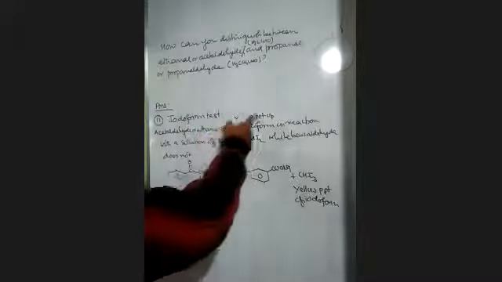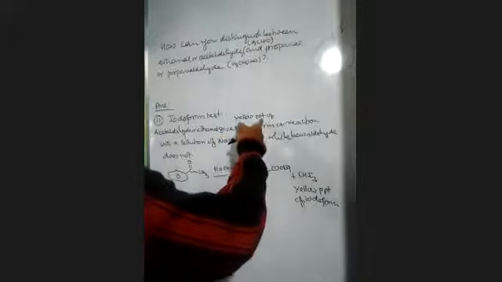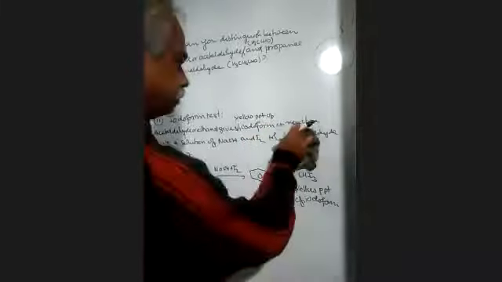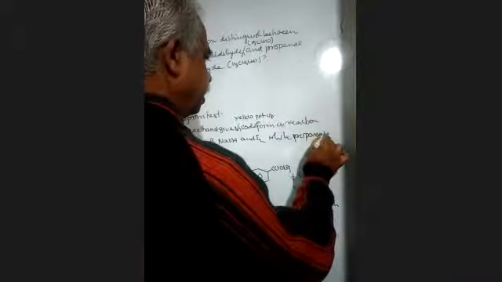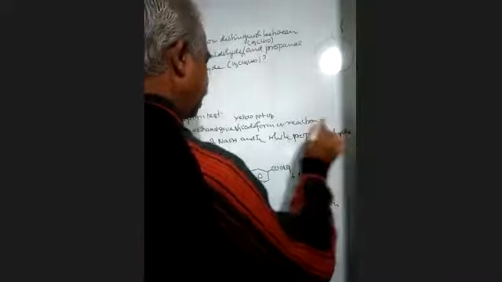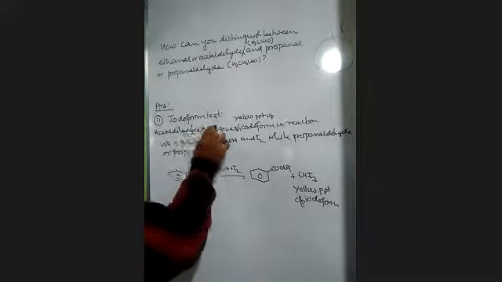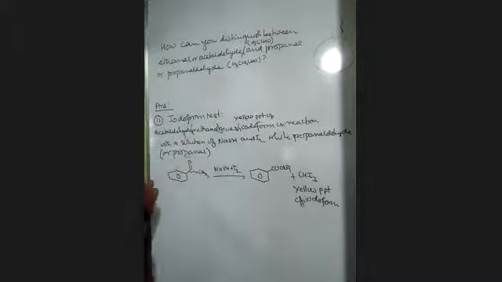If in the question they write ethanal, then you will write ethanal. So gives yellow precipitate of iodoform on reaction with the solution of sodium hydroxide and iodine, while propanaldehyde or propanal. Okay, so we can write here bracket. You can write. All right. So what are we going to write now here?